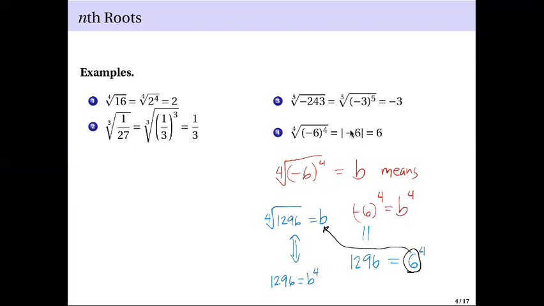Now, what is this symbol? This symbol here is read as, so let me just write it here, absolute value of negative 6. Okay, absolute value of negative 6.